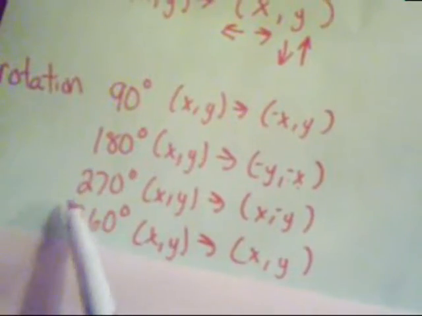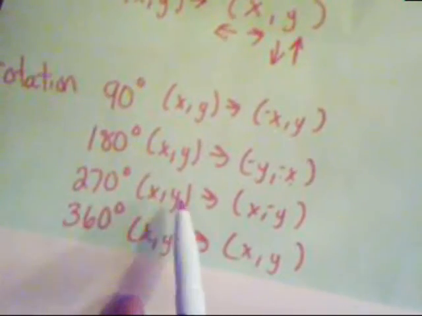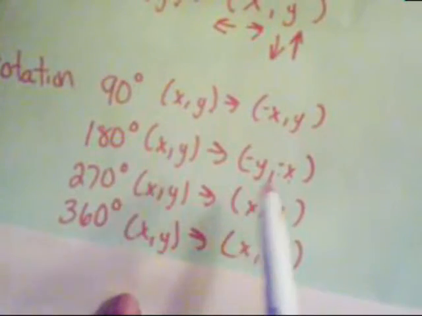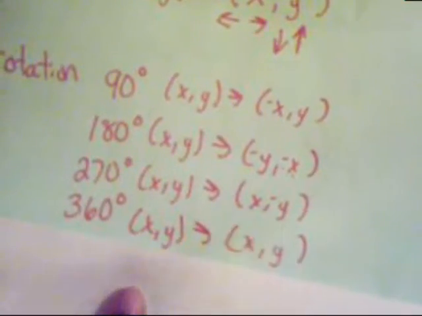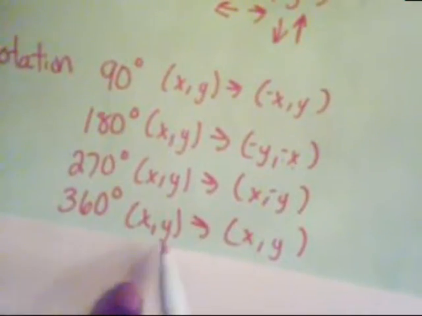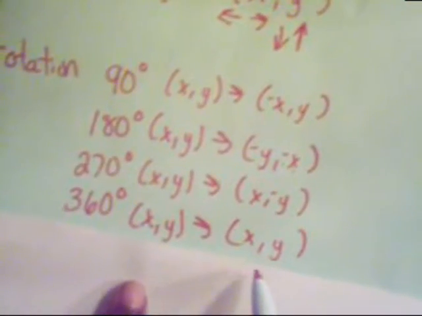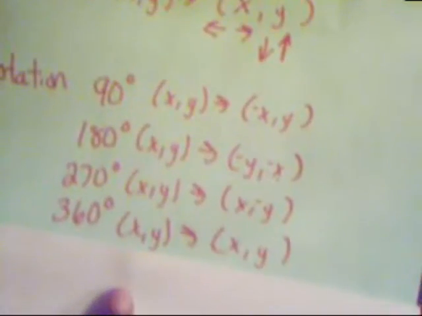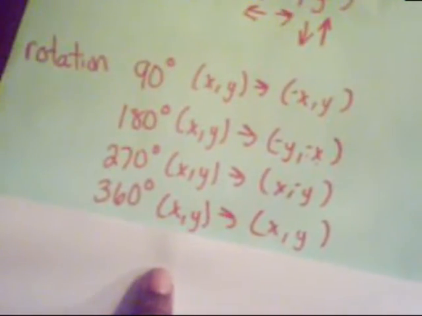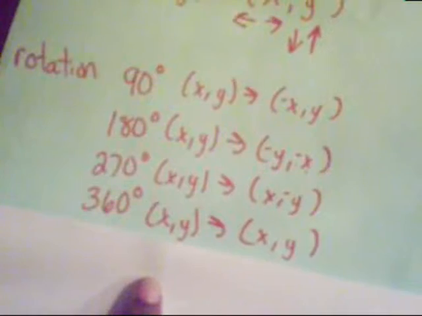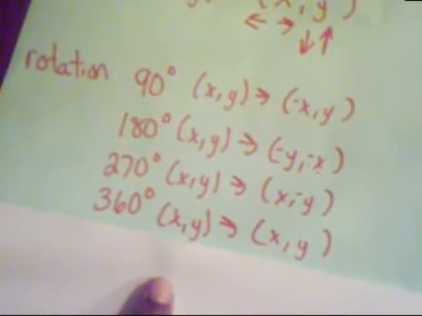Then for a 270-degree rotation, it would be XY goes to X, and then the opposite of Y. And then a 360-degree rotation would be that XY is going to stay where it was. It went all the way around, and it's going to go back to XY. And I know, guys, these don't sound very familiar to you, so I'm going to show you what a 180-degree rotation should look like.